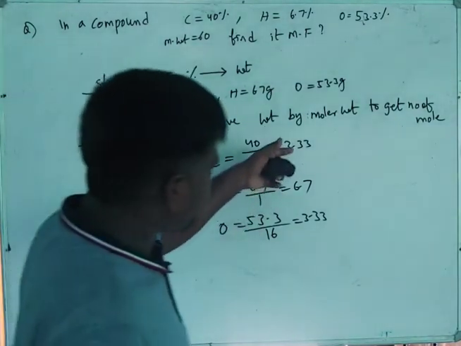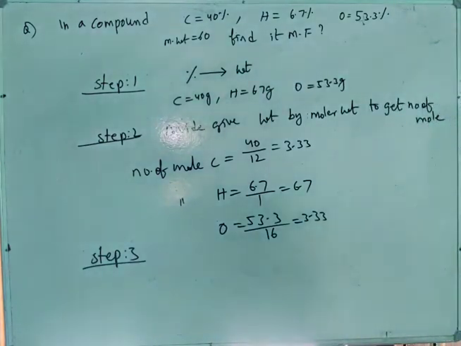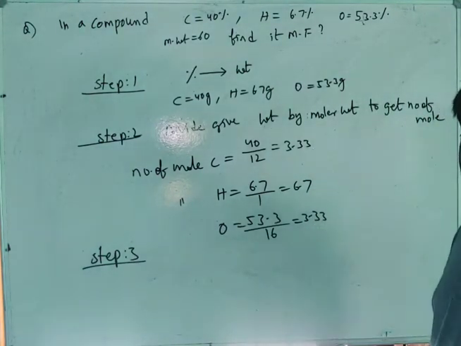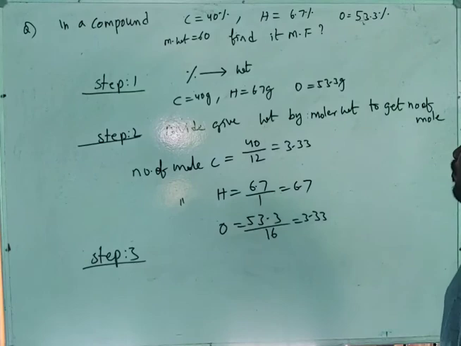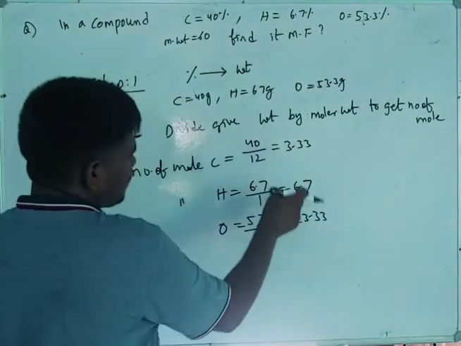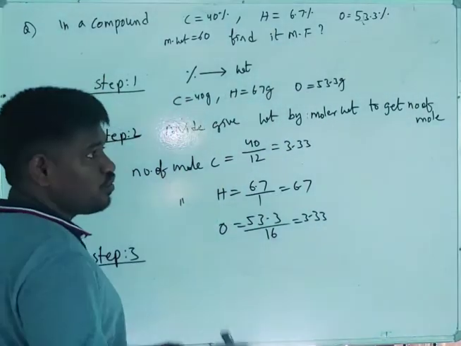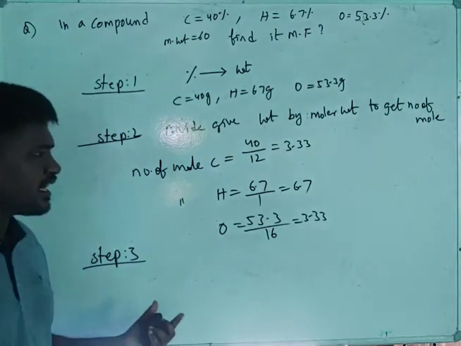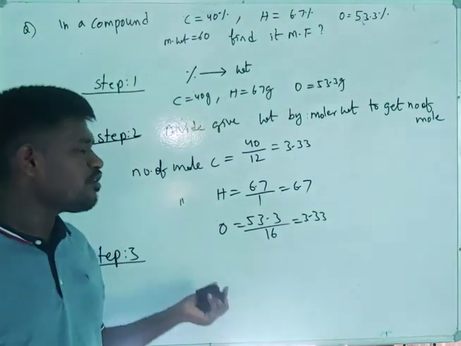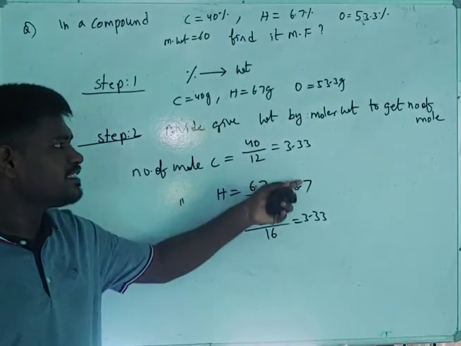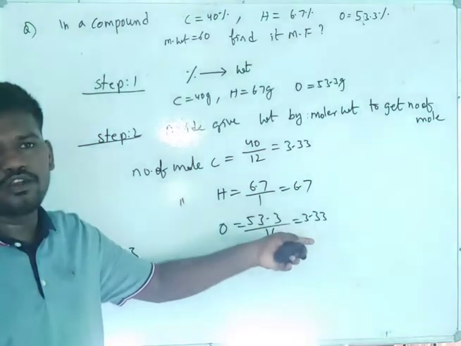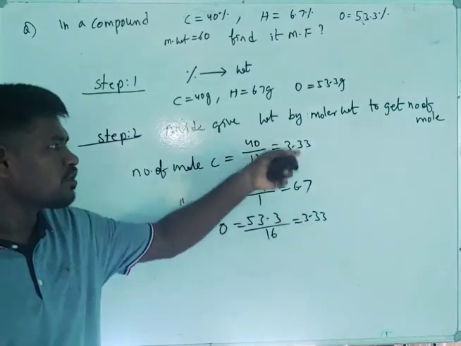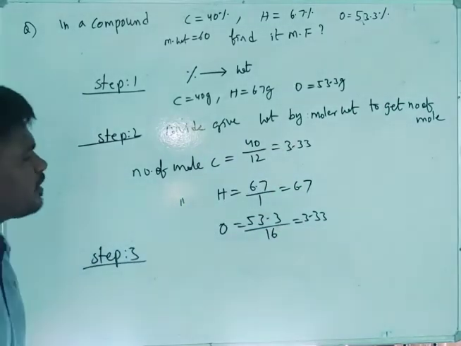So now in step 3, we need to divide these numbers of moles by the smallest number of moles. Here what is the smallest number of moles? 3.33. So by using 3.33, we divide these values to get the empirical formula. We choose the smallest value out of these three, that is 3.33.